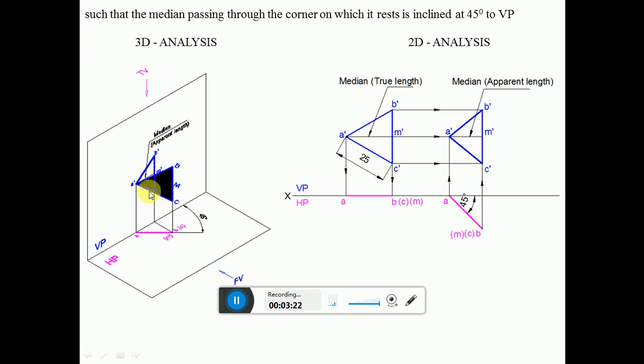Since the surface is inclined to VP but perpendicular to HP, I am getting a line here. So we are rotating: consider any point A at any distance from B and draw a 45 degree line. Which is the one you are rotating? The one which was parallel to VP, that is this line, which is rotated by an angle of 45 degrees.